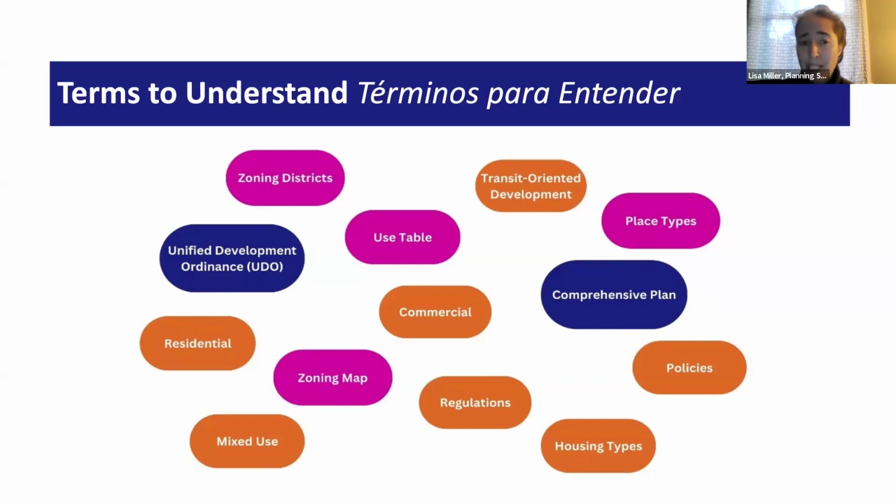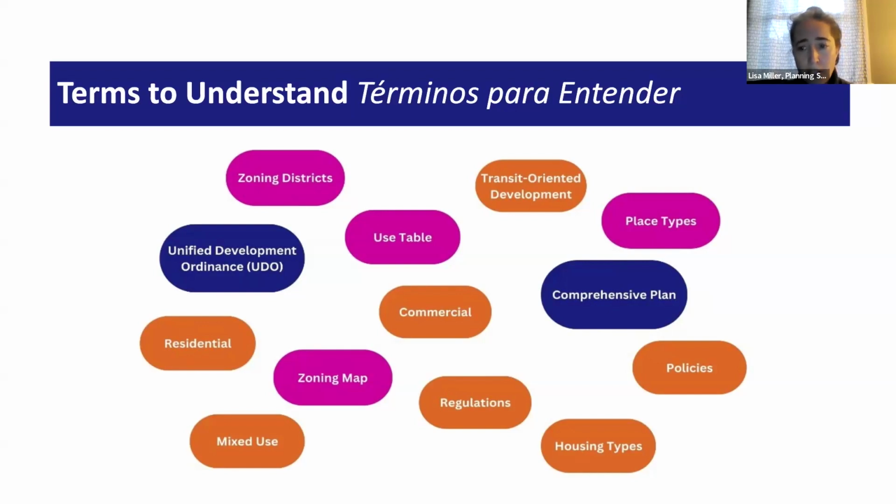The other primary things we want to define for you are the three parts of this project that we're doing engagement on and seeking input on right now, which are draft versions of the zoning districts, the zoning map, and the use table. Zoning refers to regulations that control the use of private land and the shape, size, and overall form of buildings.